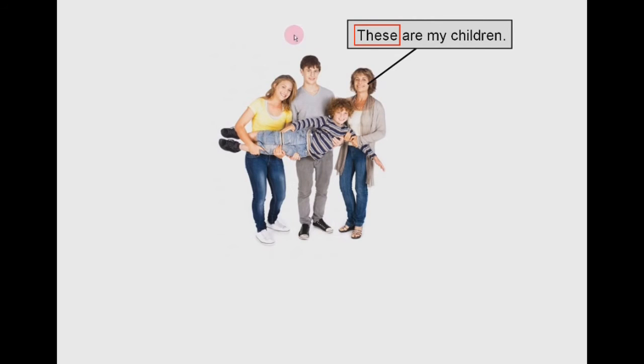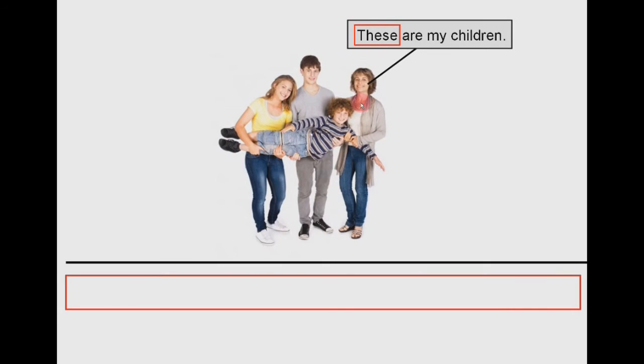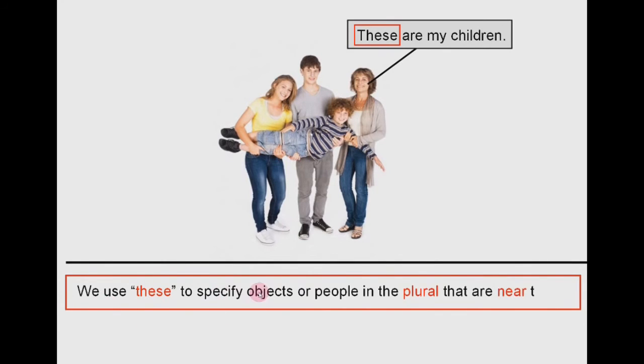So it is the same as this, but this time it is the plural. So the rule is we use these to specify objects or people in the plural that are near to us. So this is what changes. Here it is in the plural. So this for the singular and these for the plural.